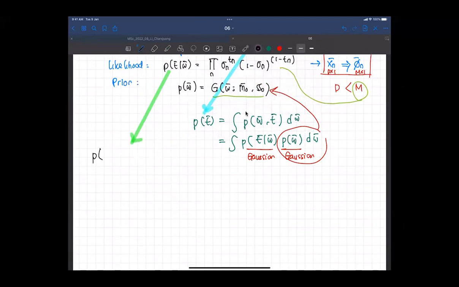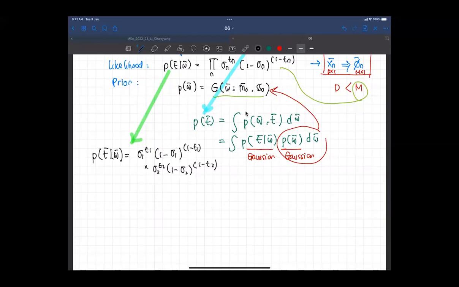Assume that n equals 2, then you will have sigma 1 to the power T1, times 1 minus sigma 1 to the power 1 minus T1, multiplied by sigma 2 to the power T2, times 1 minus sigma 2 to the power 1 minus T2.